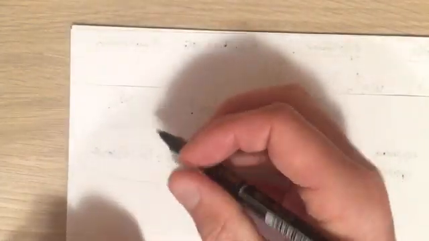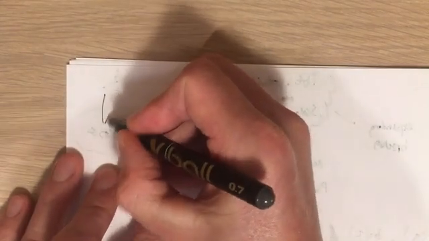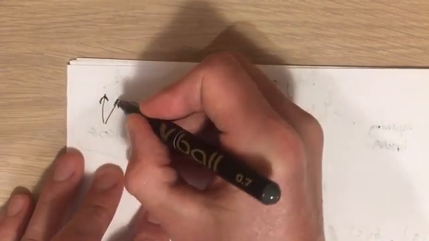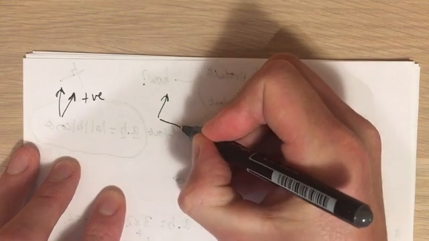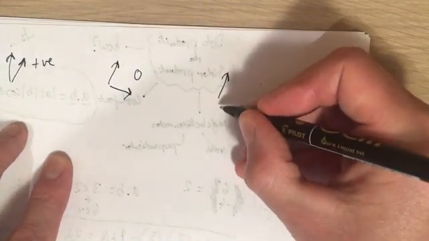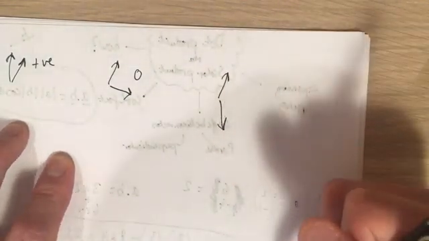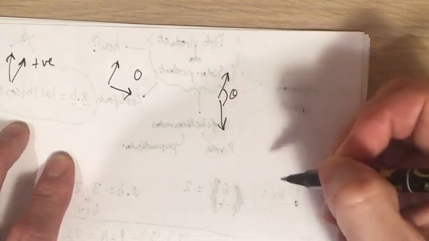When I'm doing a dot product of two different vectors, if I've got two vectors that go more or less the same way, I'm going to get a positive dot product. If I have two vectors at right angles, I'm going to get a 0 dot product. If I have two vectors that go in kind of opposite directions, I can still work out that angle there.